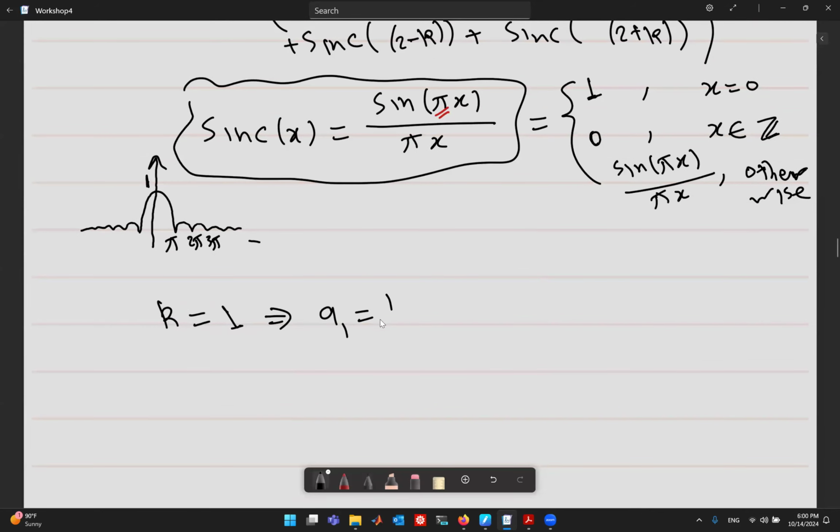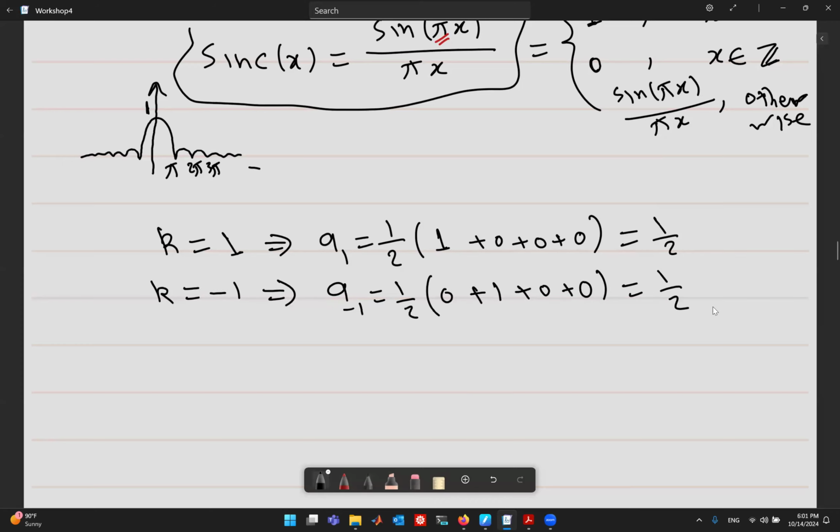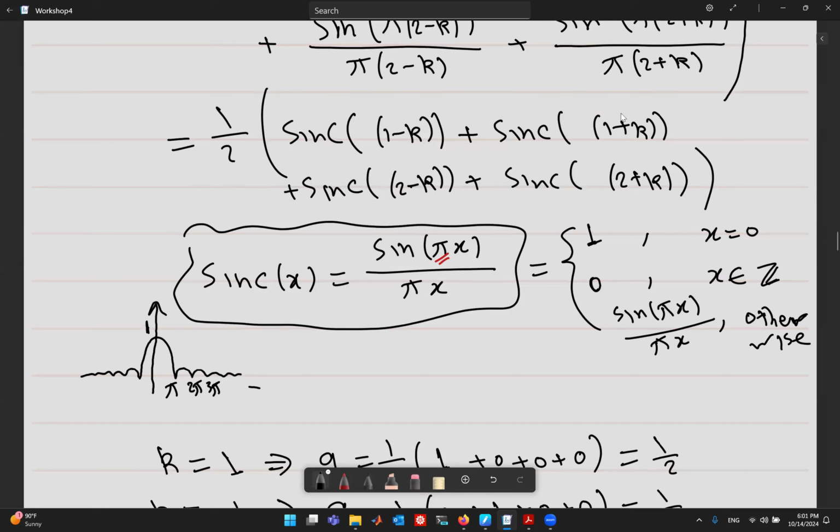So we have just 1/2 times 1 plus 0 plus 0 plus 0. So it will be just 1/2. When k equals minus 1, a minus 1 will be 1/2. The first term will be 0, but the second will be 1, the third 0, the last one 0. So it will also be just 1/2. In this case, the second term is 1 because k equals minus 1. 1 minus 1 is 0. The sinc at 0 is 1.